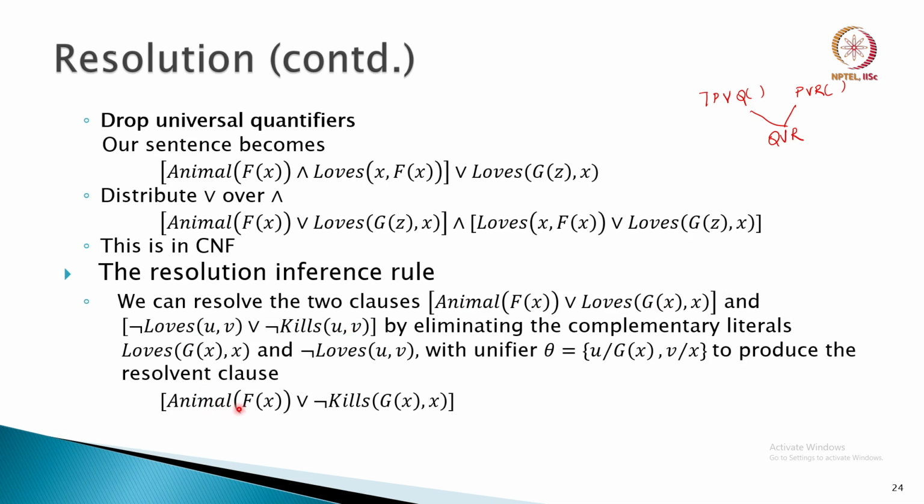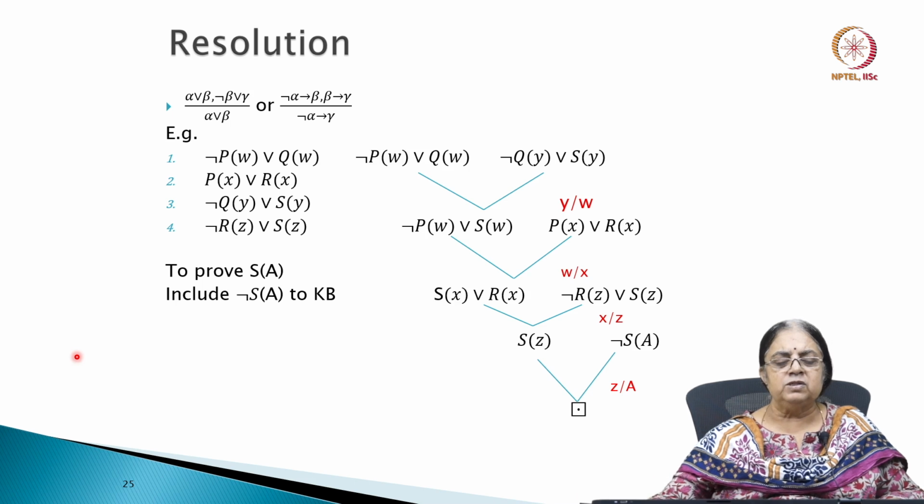You are going to get animal f of x or not kills g of x x. Okay. So that is the resolution, and you are getting a new clause basically. So we saw this earlier, so I just put it to show you how you are removing the complementary predicates here, and you are also carrying out the substitution over here.